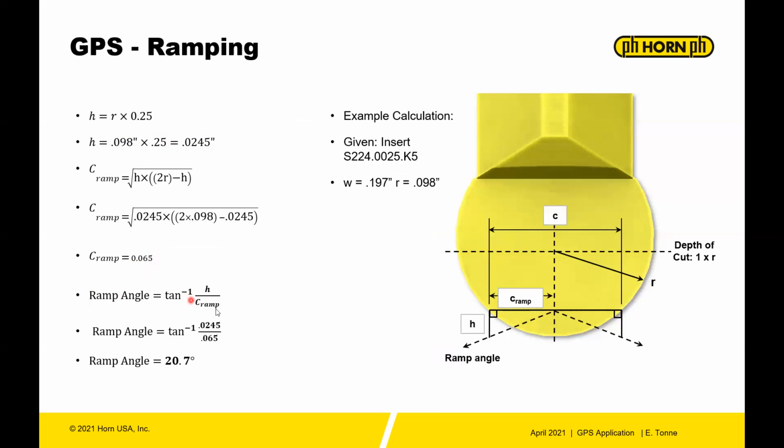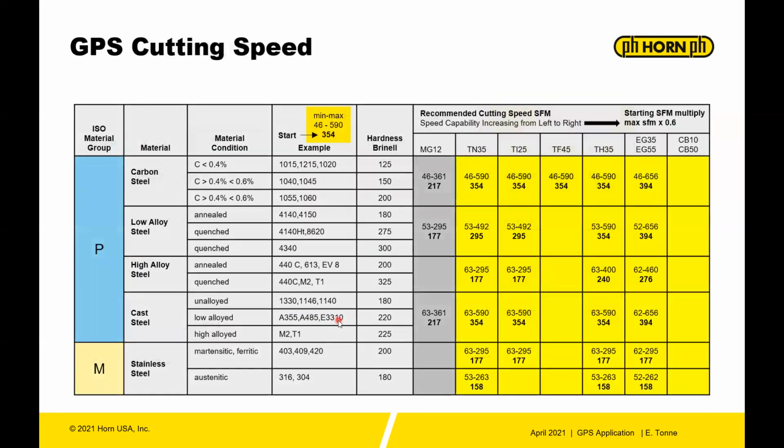The ramp angle then is the tan inverse of 98 divided by 65. So your ramp angle works out to be 20.7 degrees for 25% of your radius. Just something you may not use all the time, but something we'll have access to.